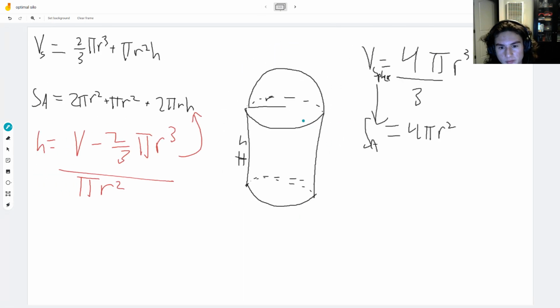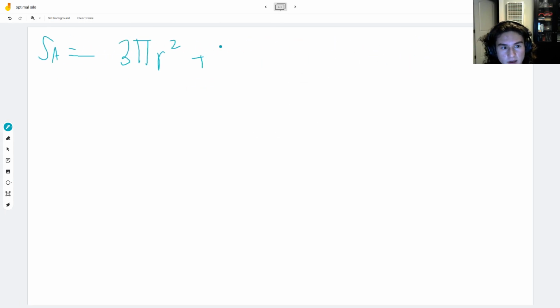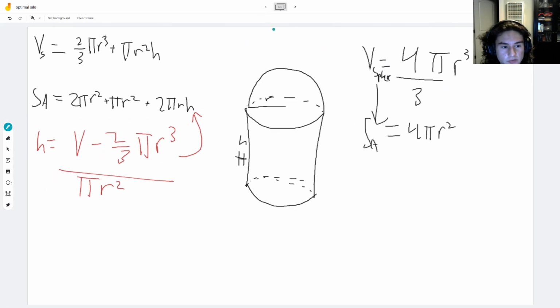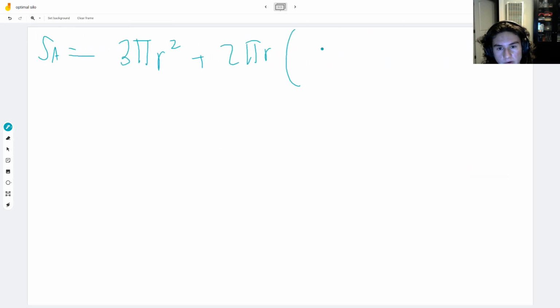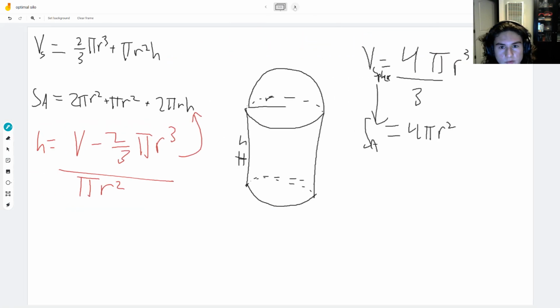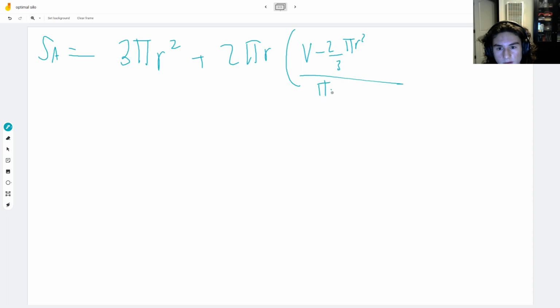And of course, remember that represents the bottom plus the spherical part. And then we're going to have plus 2 pi r h, which is now 2 pi r times this whole expression, which is V minus 2/3 pi r cubed, over pi r squared. So that's our whole expression for surface area.